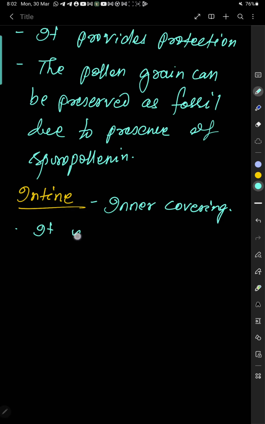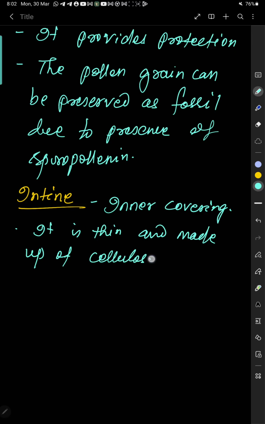It is thin and made up of cellulose and pectin, and it is a continuous layer.